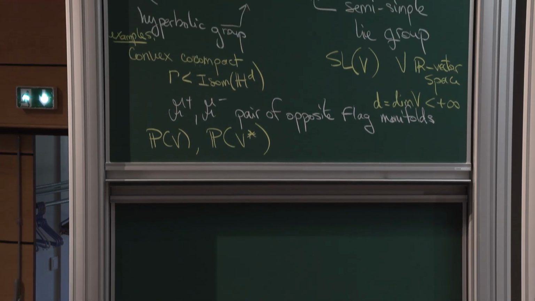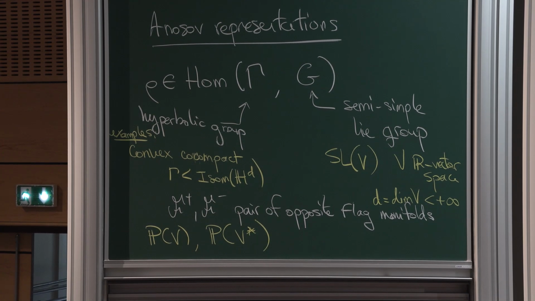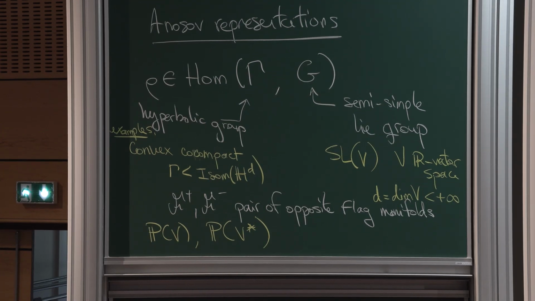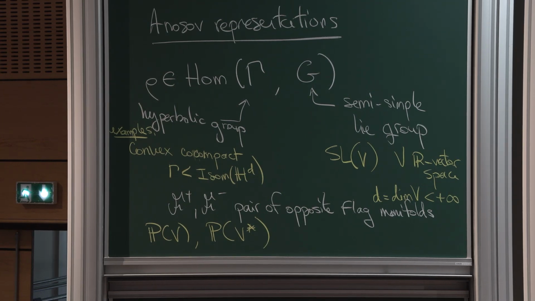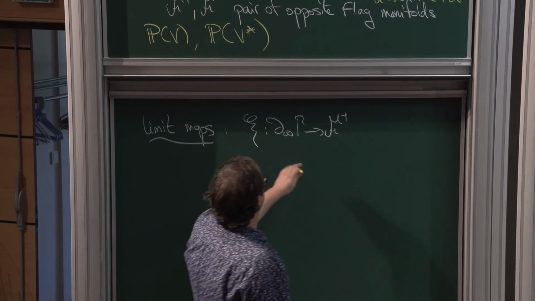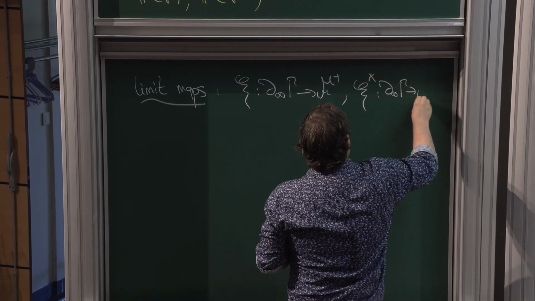Okay. And the one thing that you'll always see with Anosov representations when you want to understand anything about them are limit maps. Right, so the limit maps are essentially replacing these limit sets that you have with subgroups of isometries of H^d. And the appropriate conditions: there will be some map xi from the Gromov boundary of your group gamma to the flag manifold F plus, and you'll have another one, let's call it xi star, into the other flag manifold.